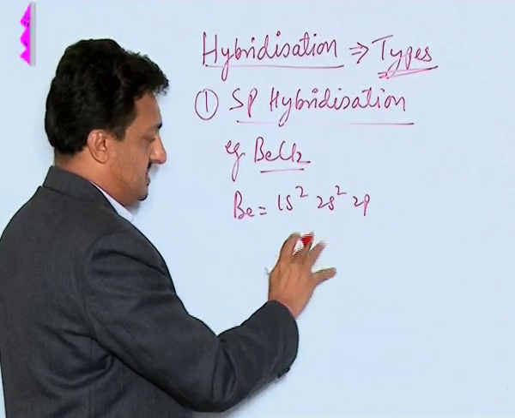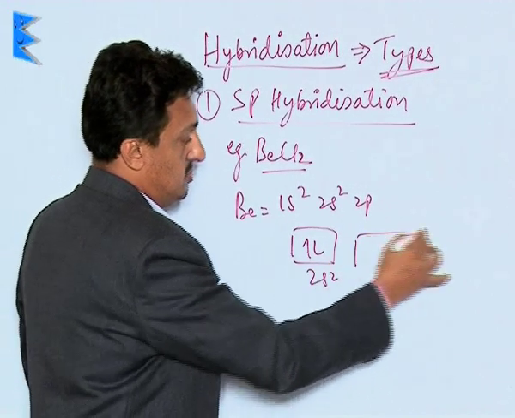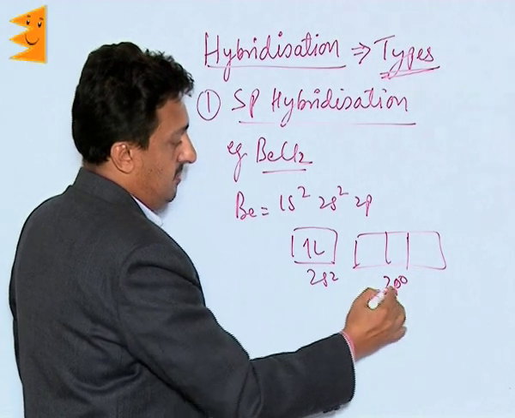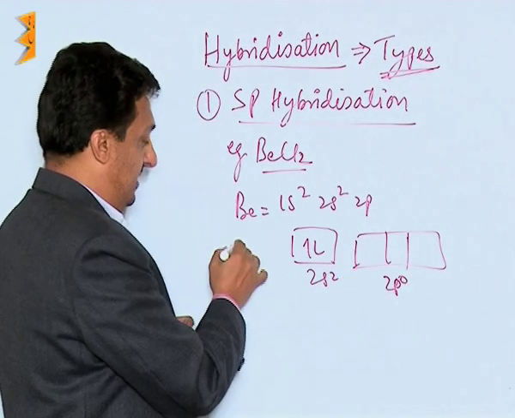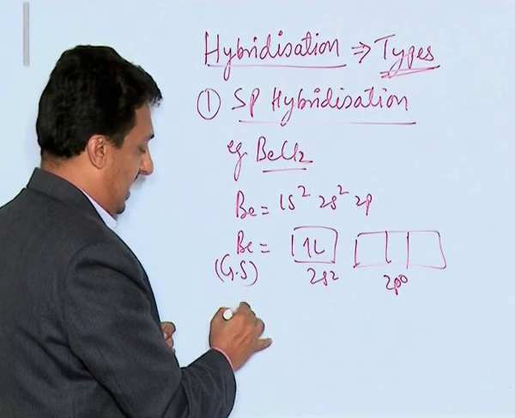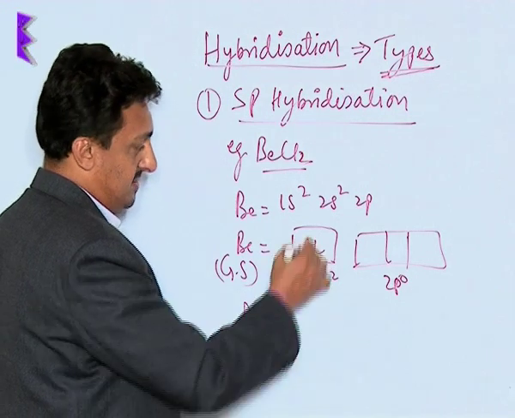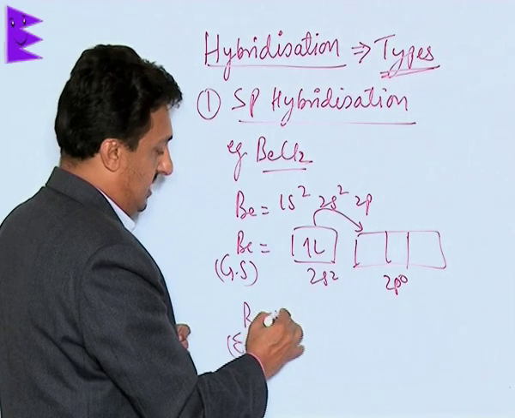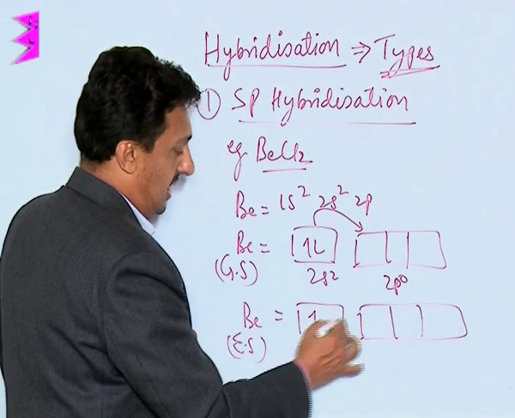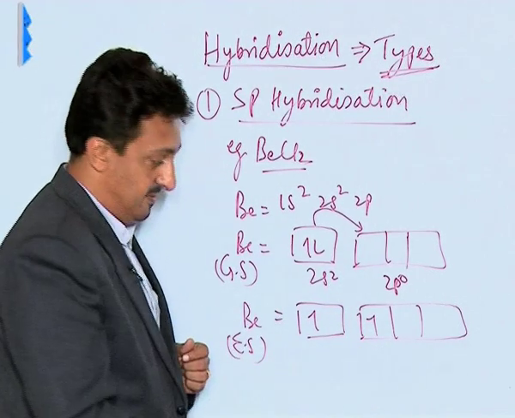This is the valence configuration of beryllium, which we call the ground state, 2s2 2p0. Now in the excited state, one electron jumps to the p orbital, so that two electrons become unpaired and are available for bonding.